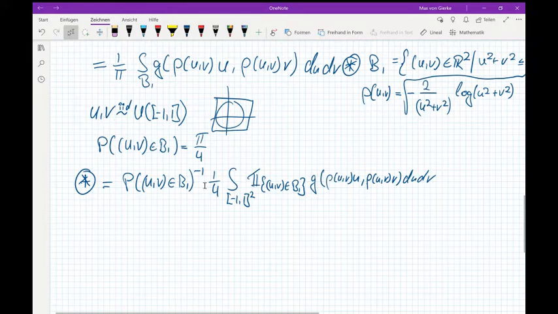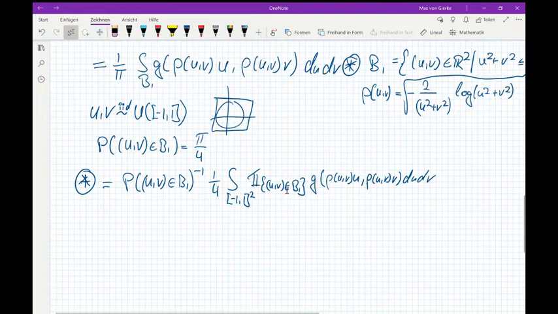So this 1 over 4 is actually just our joint probability density function of these two guys here. Which is cool because now we have here an expectation, which has something to do with these two random variables here. And we still have this condition here.